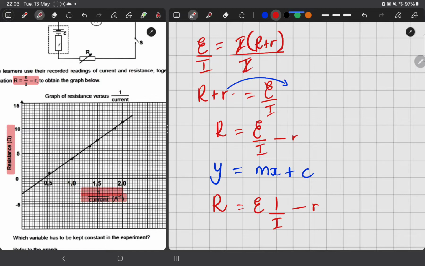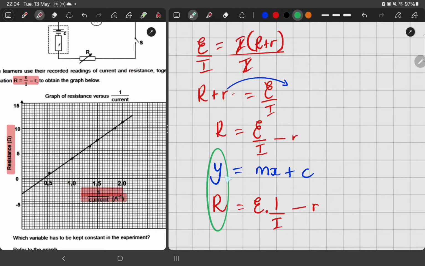Now I can write this as E multiplied by 1 over I, since E over I is the same as E multiplied by 1 over I. So in this way, I managed to write the equation in such a way that it best suits the graph.